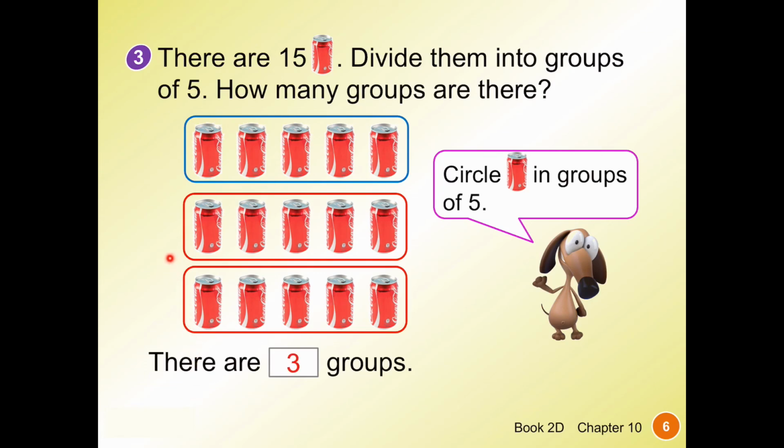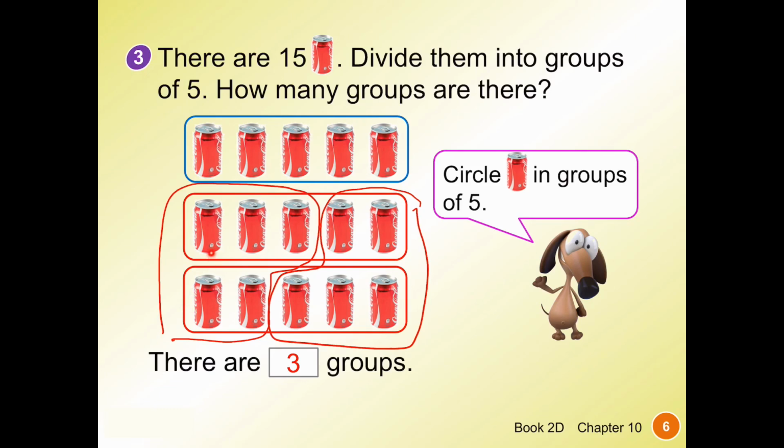So in order to divide them into groups of 5, this is one possible answer. You can actually circle them like this as well. There are other possible ways, but a more reasonable and straightforward way would be to circle like the answer given in the textbook.